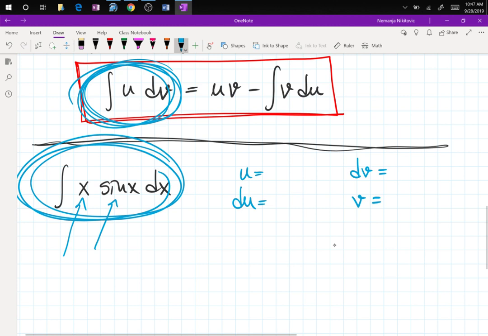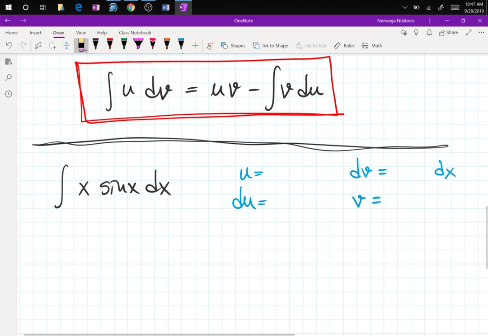Whatever you put for u stays there, and the rest goes for dv. dx will always be a part of dv, because this is the one that you will be integrating to get your v. This part is the same as the u sub. Once you figure out what your u is, you will just get the du the same way you get the du for u sub. No difference there.